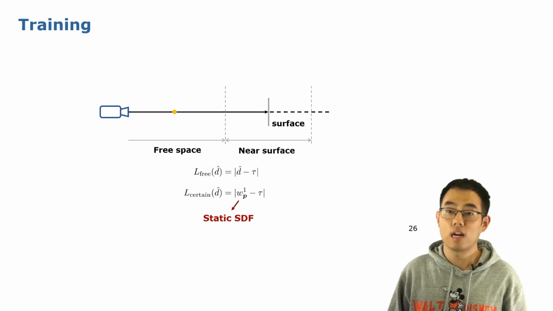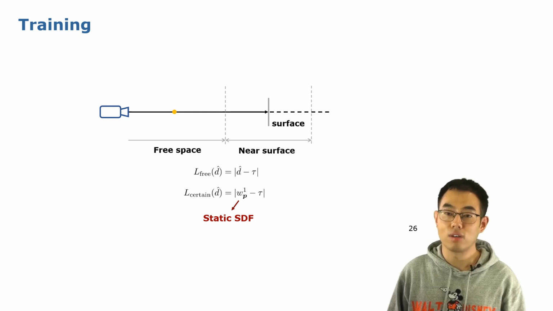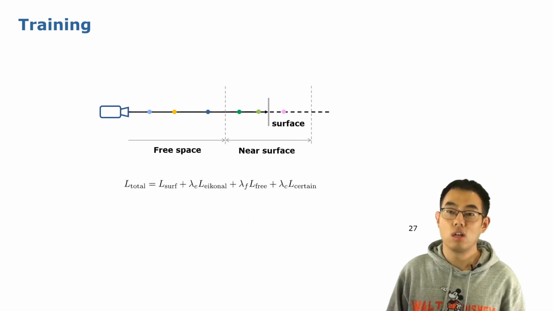For the free space area, we simply optimize the prediction to a truncated value. And for areas we think are certainly free, we directly add this constraint to the static SDF, which is the first element of the MLP's output. Finally, we sum up all the loss terms as the full loss function to train our map till convergence.